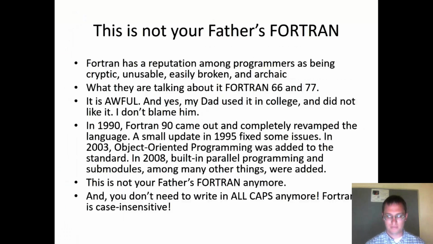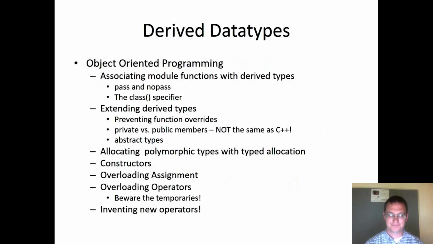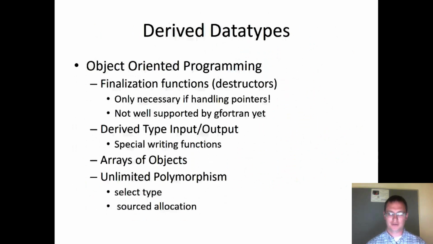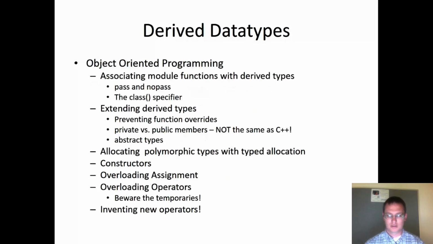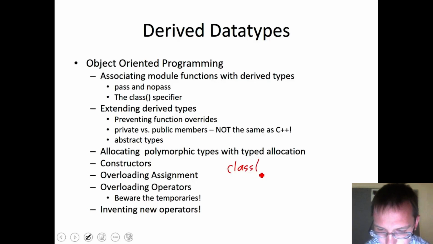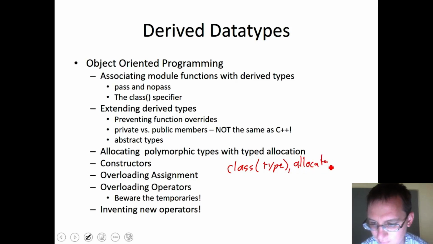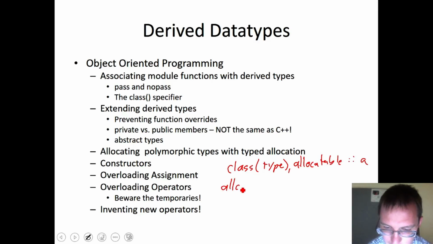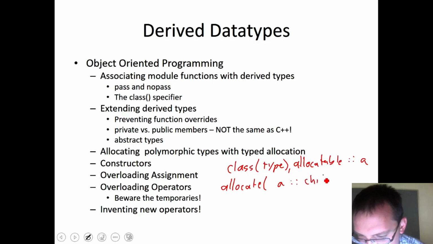But in order to allocate polymorphic types, if we have a class, it has to be allocatable or a pointer, one of the two, and we can allocate A like so.